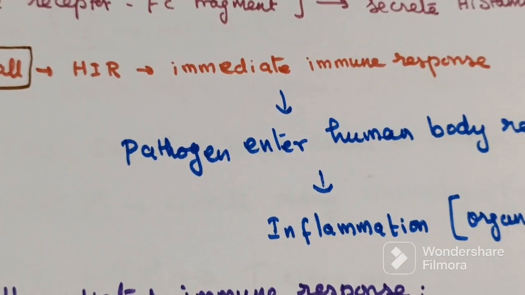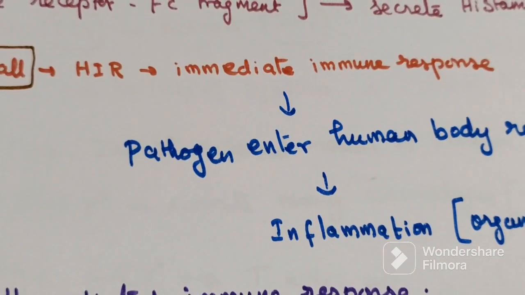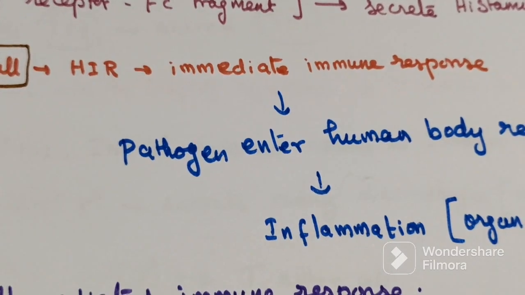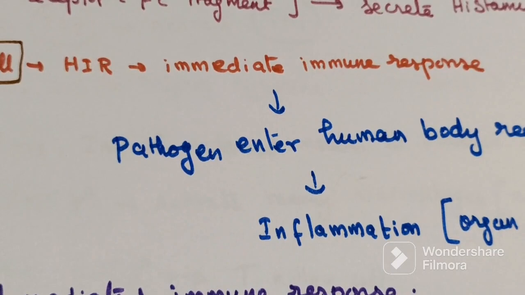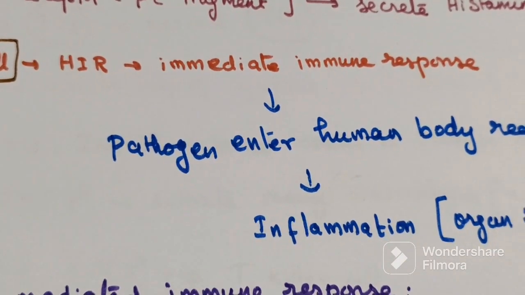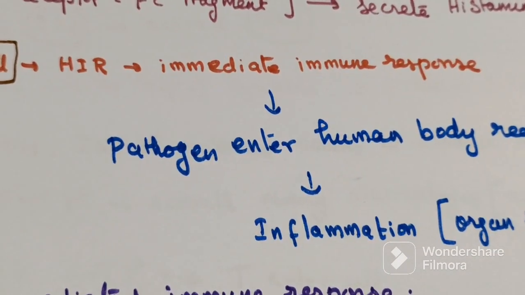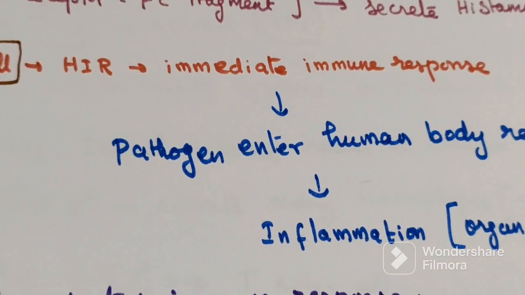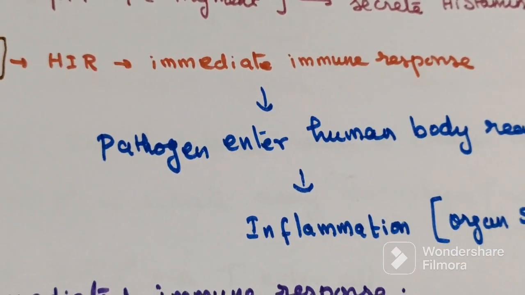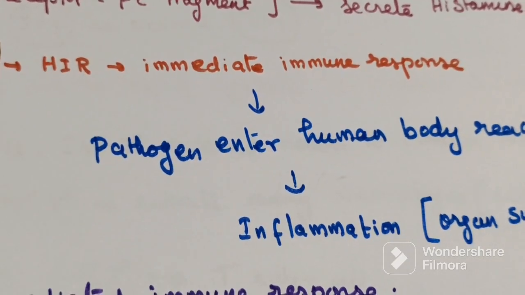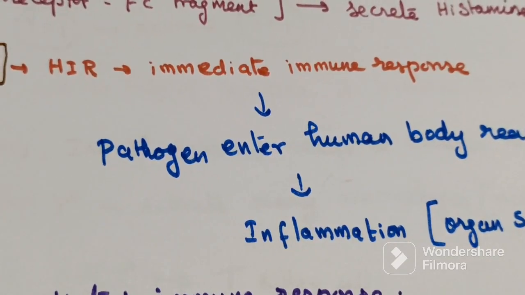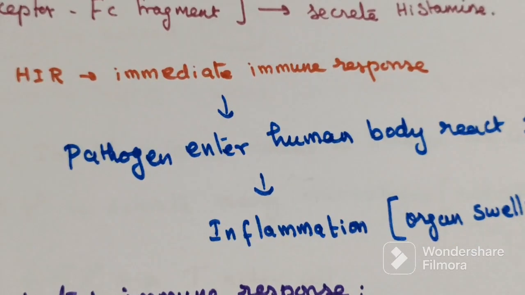Simultaneously B cells are activated. B cells have B cell receptor, and it also presents that antigen peptide. It will share that antigen peptide with the already activated T helper cells. Now these activated B cells produce three types of immunoglobulin: IgG, IgA, IgE.